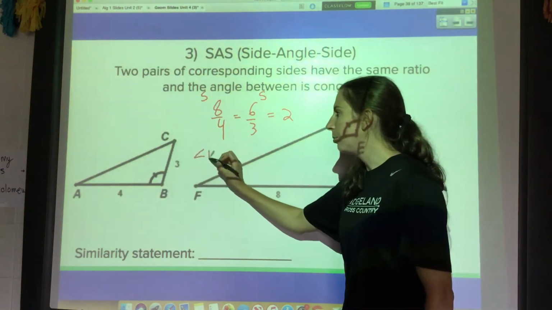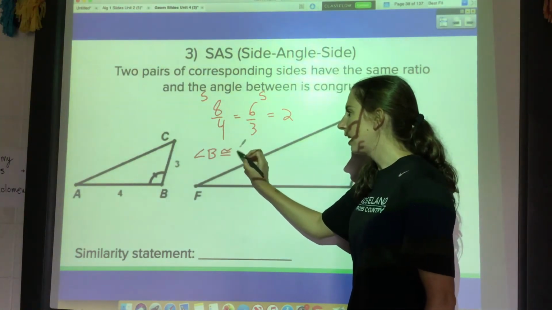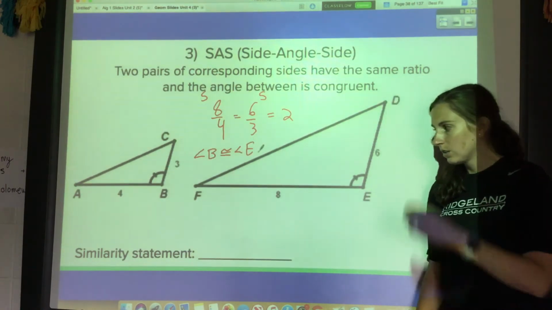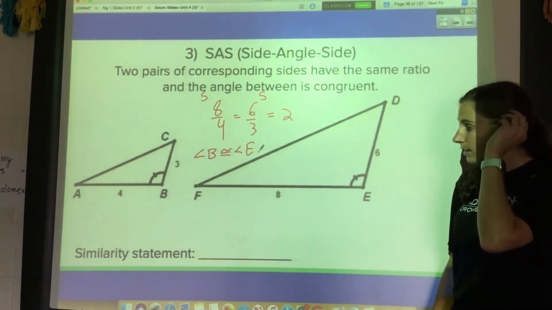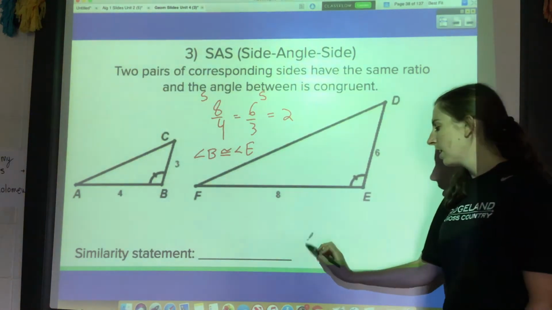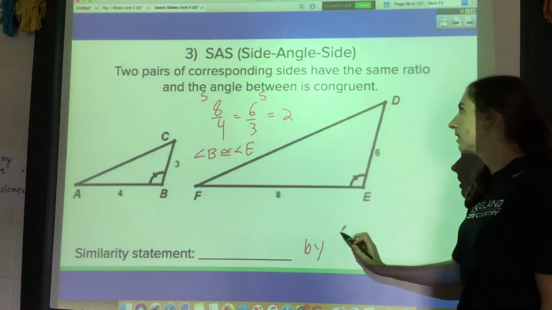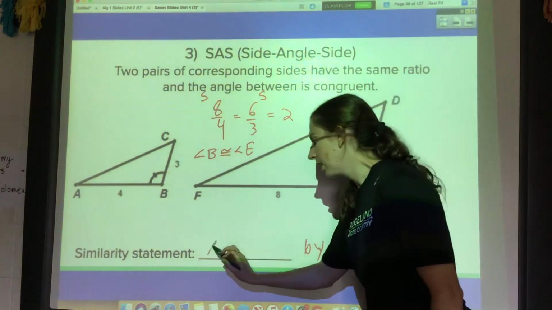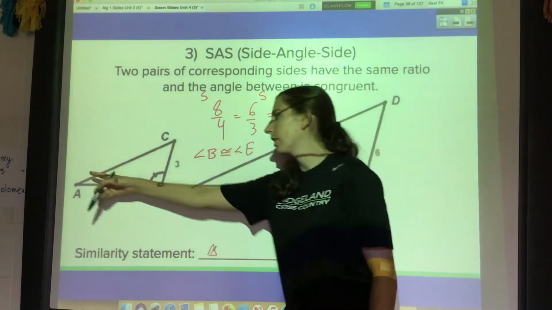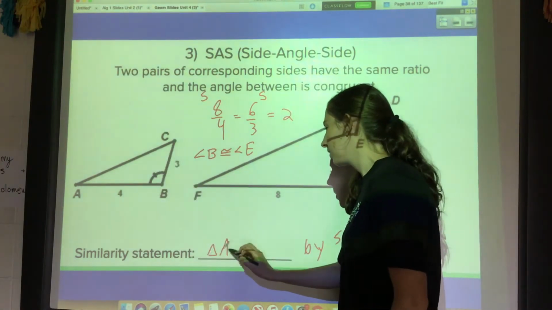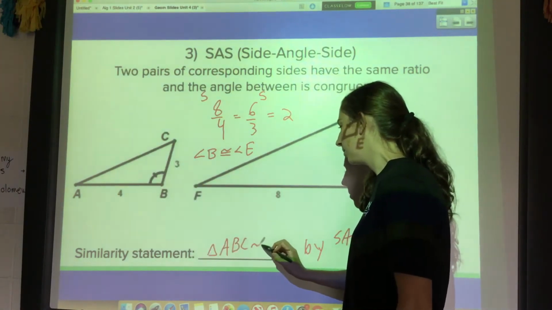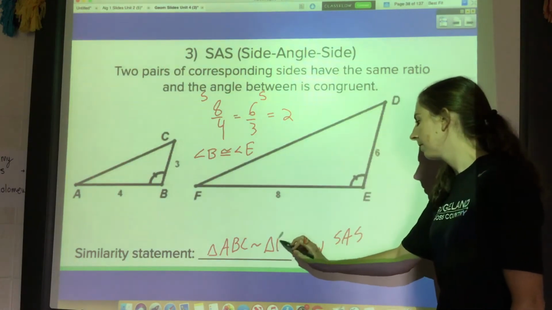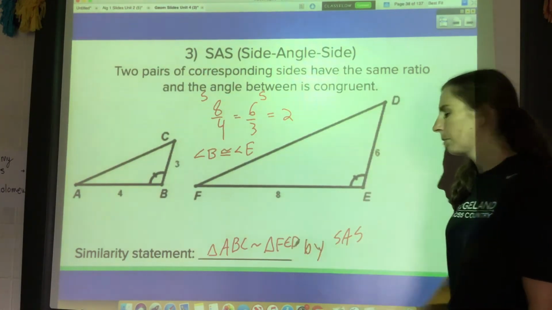We could say angle B is congruent to angle E. So that means these triangles are similar by the SAS property. And so I could say a triangle, I'm just going to go with ABC again. So ABC is similar to triangle FED. Making sure I go in order there.